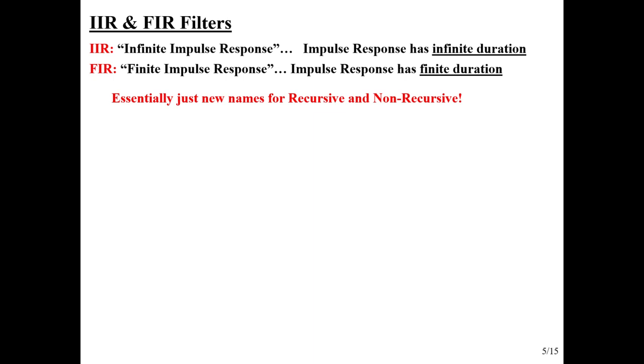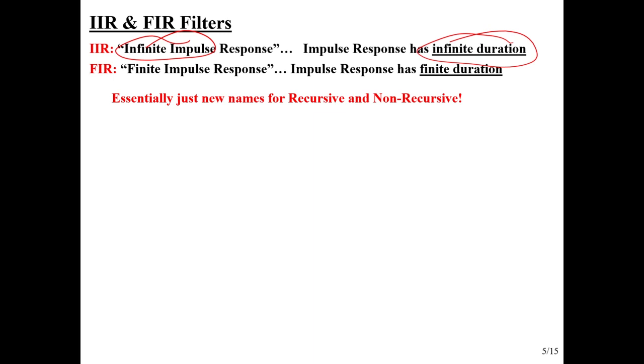But infinite impulse response doesn't mean infinite valued impulse response. It means that the impulse response has infinite duration. It never really goes to zero and stays at zero. Now, yes, it will asymptotically go to zero. So in the real world, once you get out to a certain duration, the impulse response necessarily has to decay down to become negligible and stay negligible.